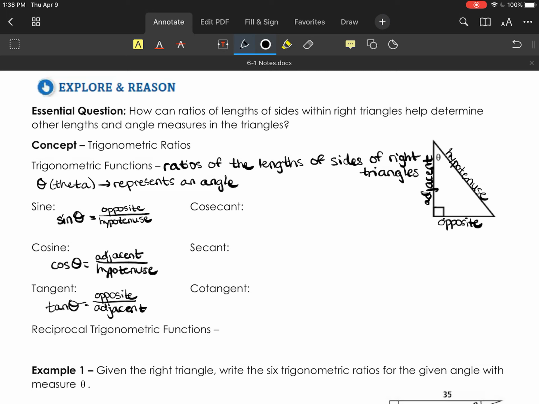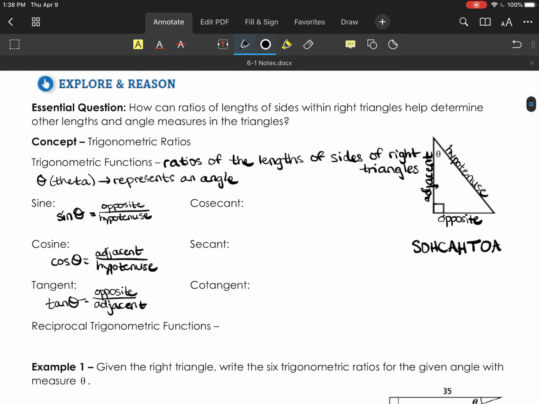A way that you'll often see sine, cosine, and tangent remembered is using an acronym that helps you remember sine, cosine, and tangent. The acronym is SOHCAHTOA. You've probably heard this before. People love talking about SOHCAHTOA. What this helps you realize is you have your sine, which is your opposite over your hypotenuse.